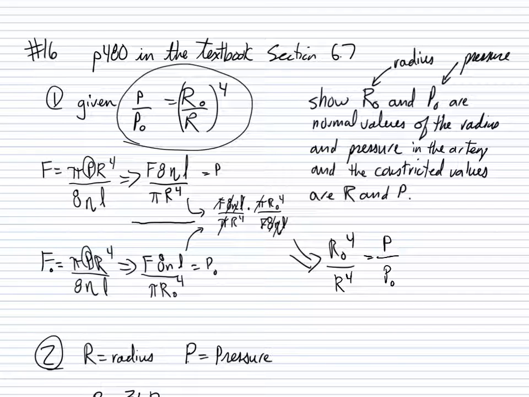So this is just to show that a little algebra can go a long way, and some little rewriting can give us the original equation that we were looking for.